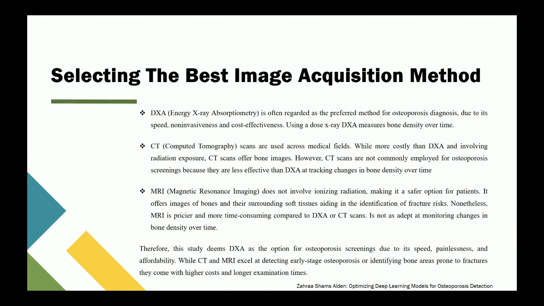So they use DXA in general. In this study, we use DXA as an option for osteoporosis screening. Even though CT and MRI are more important in detecting the early stage of osteoporosis, we use DXA as it's widely used in many medical centers, so our model can be used in different medical centers.